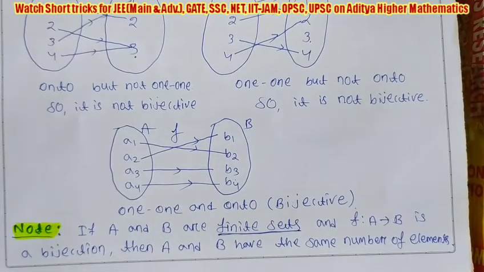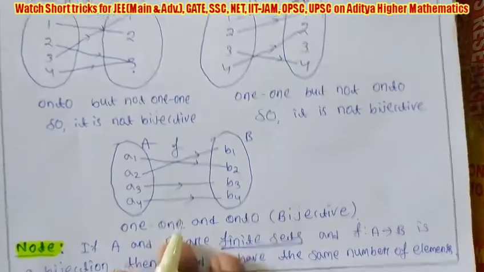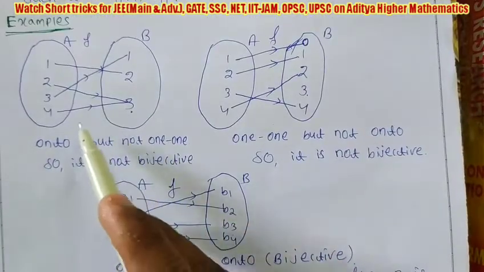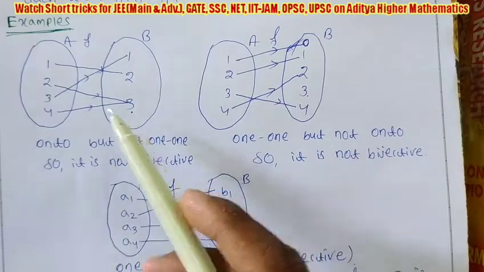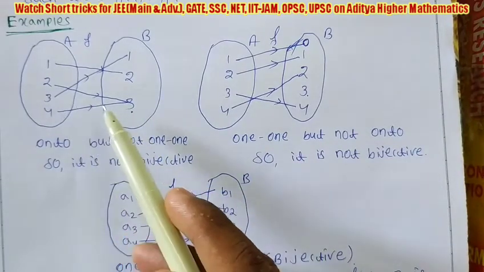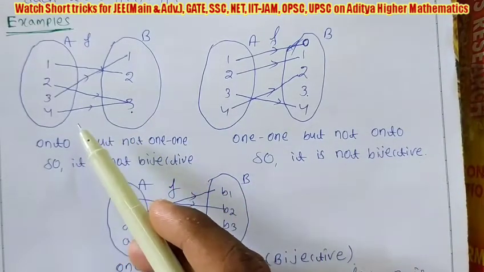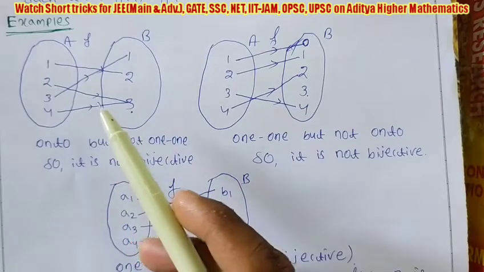If you are getting a mapping from A to B and that mapping is bijective, then they must have the same number of elements if the two sets are finite. And you can observe these examples. In the first example, we have taken B with fewer elements in comparison to A. So in this case, that function is always not one-to-one.